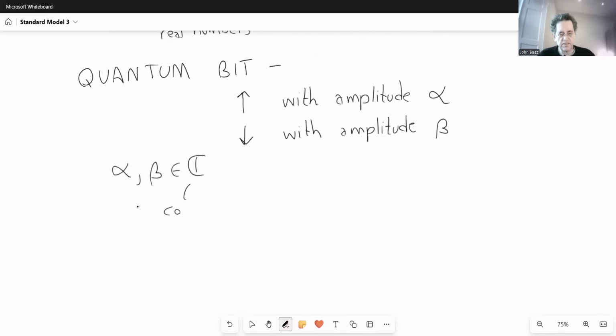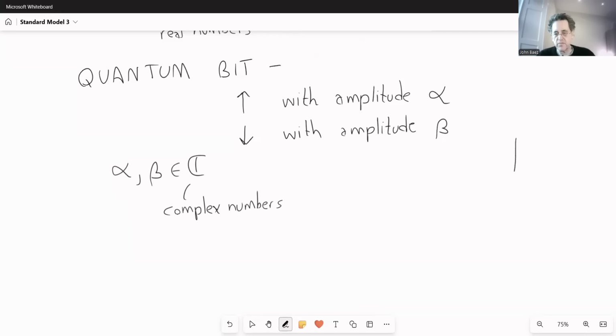So C, this fancy looking C with a little line in it, is our name for the set of complex numbers. They're not called complex because they're complex, believe it or not. They're called complex because they're made up out of two parts. They're a complex of two things.